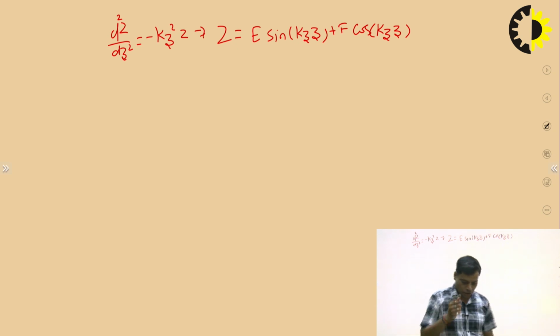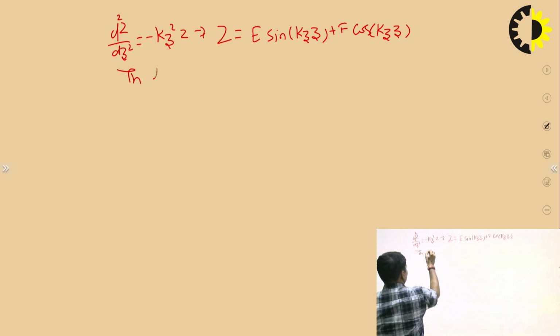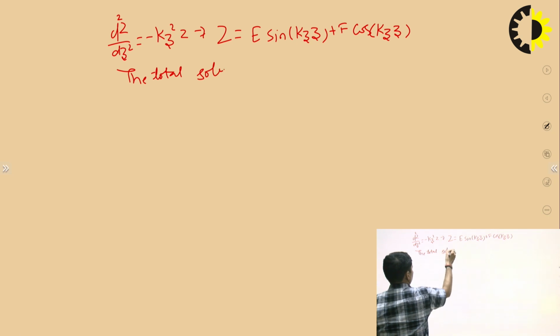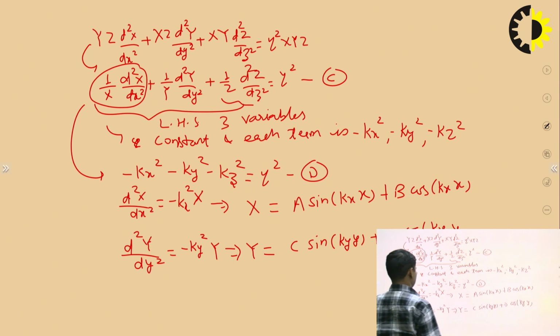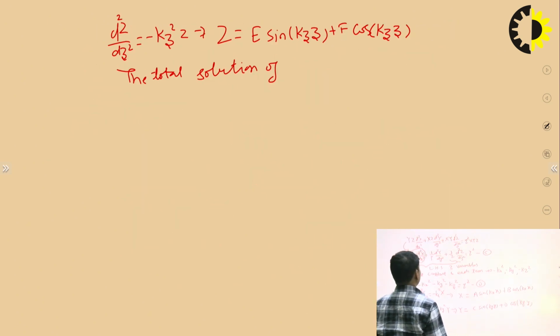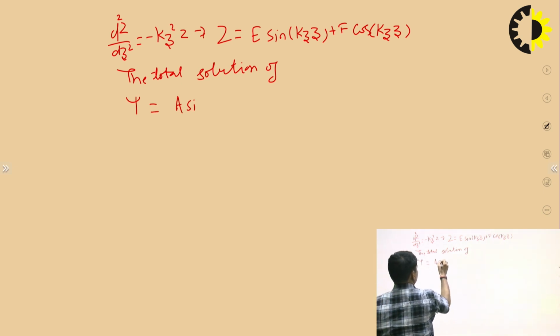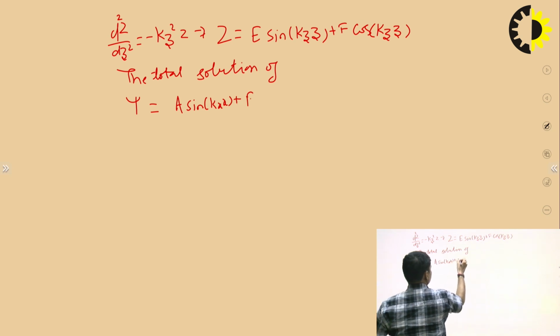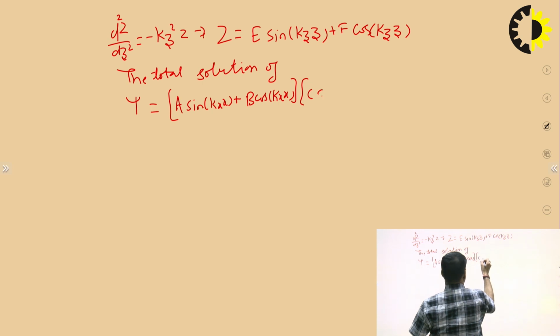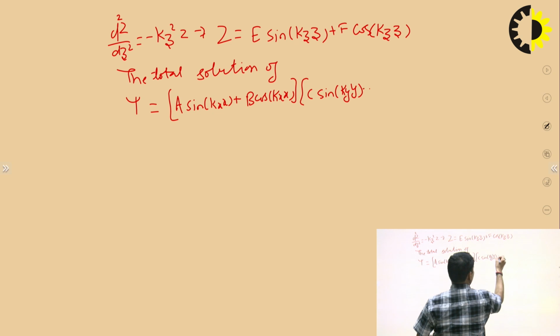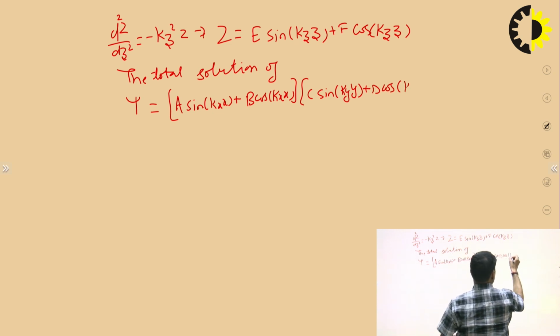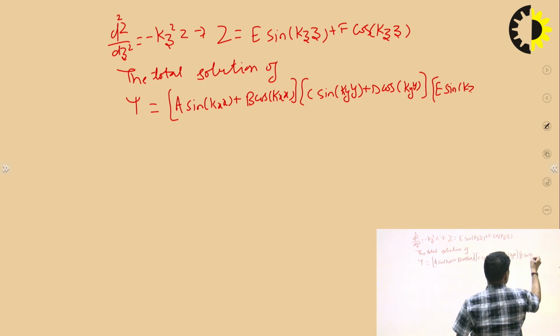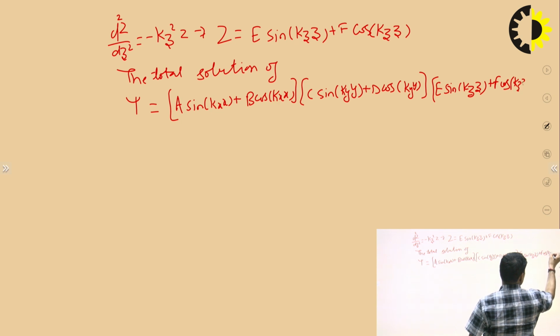So these three variables we can now find here. The total solution of this equation B will come out psi is equal to A sin kx into x plus B cos kx into x, times C sin ky into y plus D cos ky into y, times E sin kz into z plus F cos kz into z.